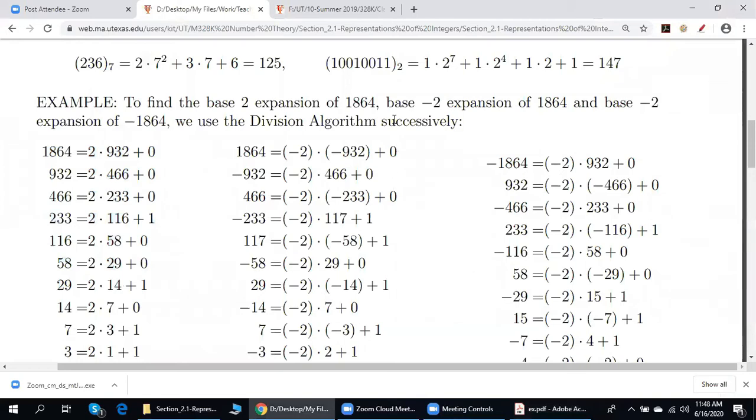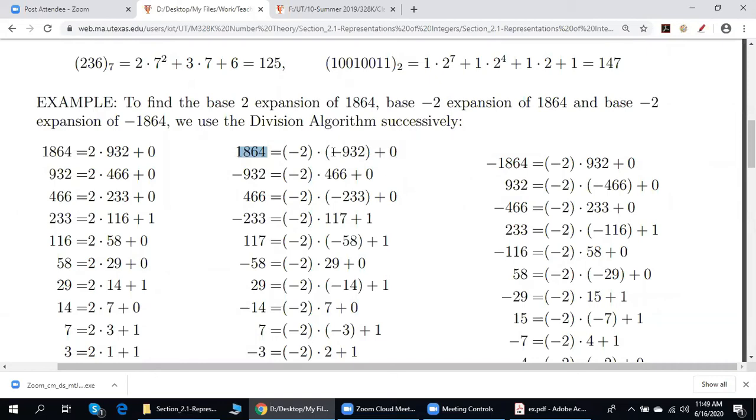Now let us find base -2 expansion of 1864. Well, we apply totally the same procedure. We apply the division algorithm successively. 1864 is equal to -2 times -932 plus 0.